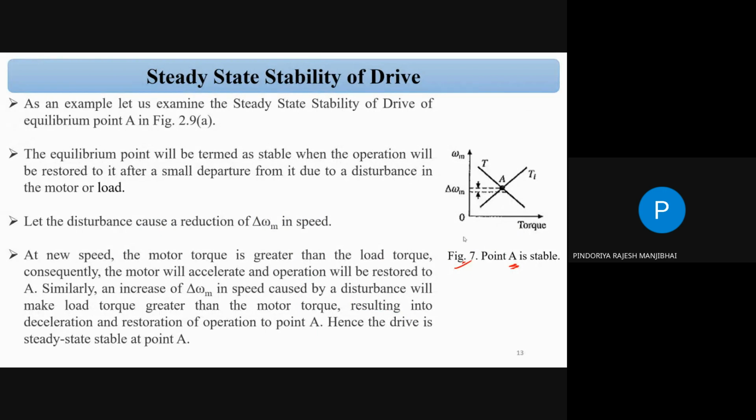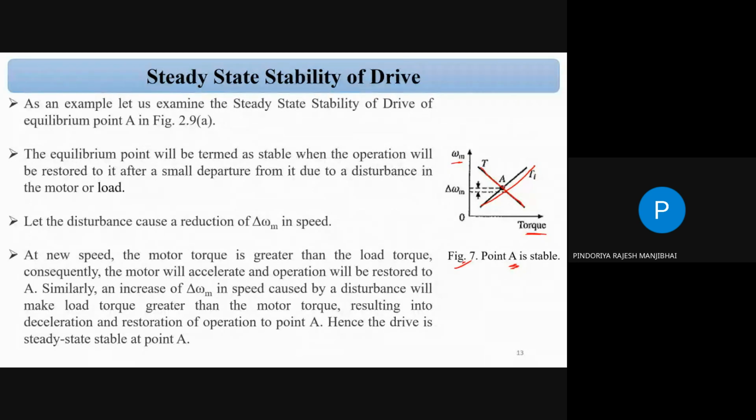So you can see we have the original graph. On the y-axis there is omega m, and on the x-axis there is torque. The profile of the load torque is increasing, and the profile of the motor torque is decreasing.